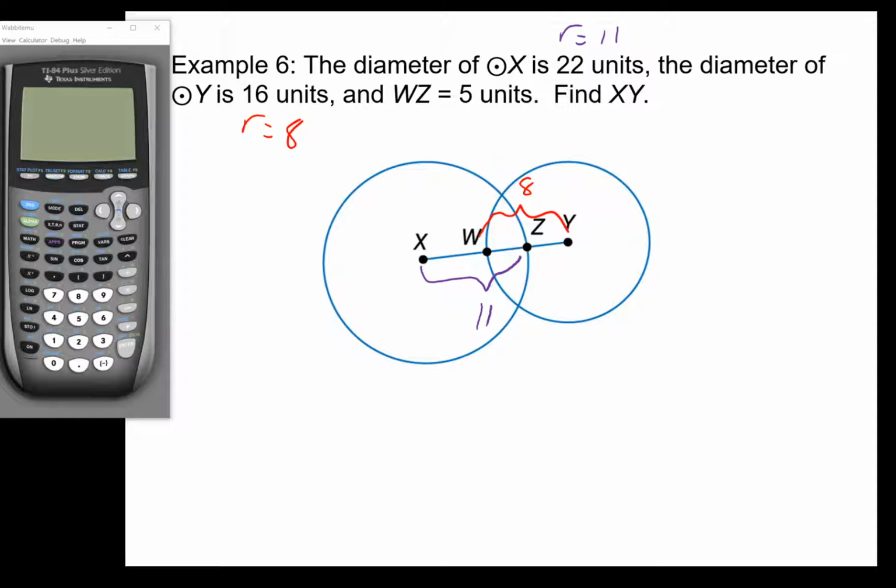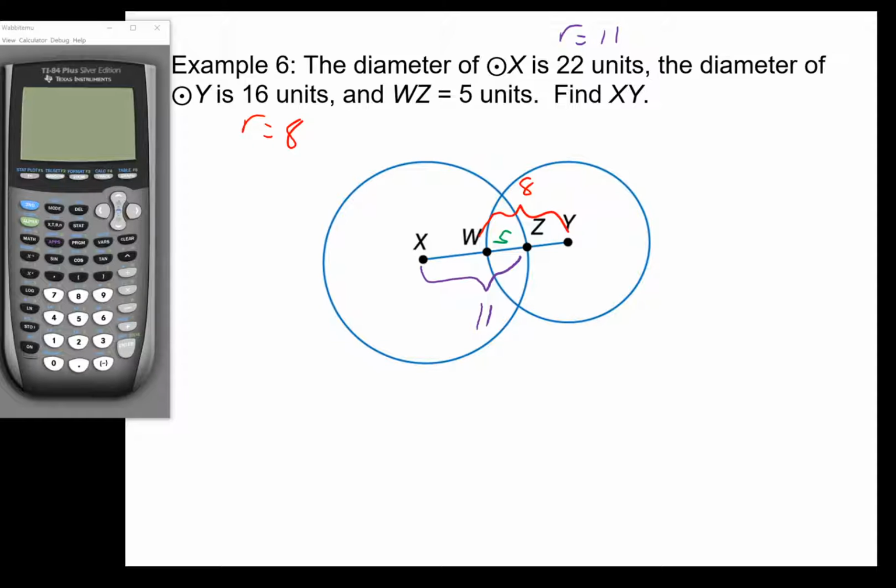WZ equals 5 units. So this one here is 5. Find XY. Well, let's go ahead and parse through this. Let's start over again. We're looking at the red one.